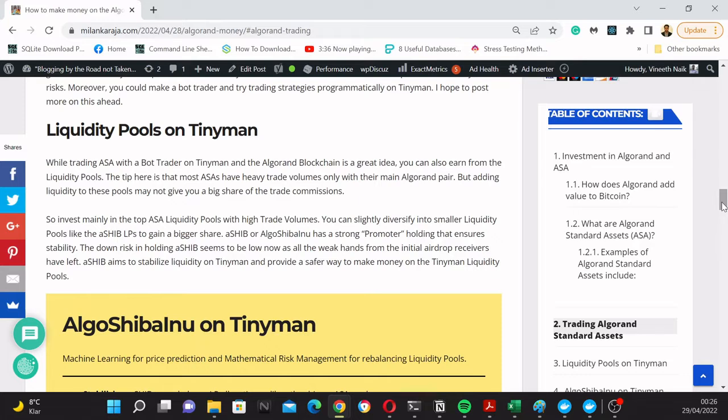And even if you would have those pairs, they would not be that profitable. Hence, due to market forces, everyone wants to put their money in the top pairs, and this led to a situation on Tinyman, from my observations, where you'd see just the top liquidity pools of each ASA with Algorand or US stable coin, but you wouldn't have liquidity pairs between different smaller ASAs.